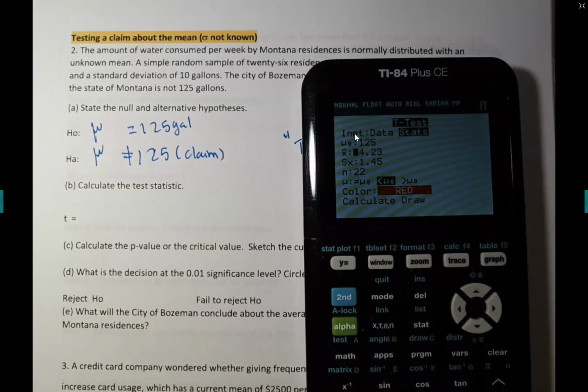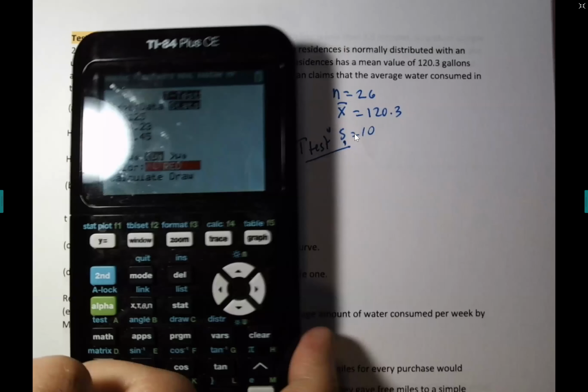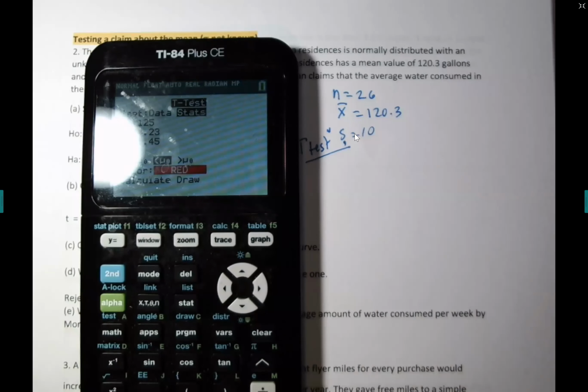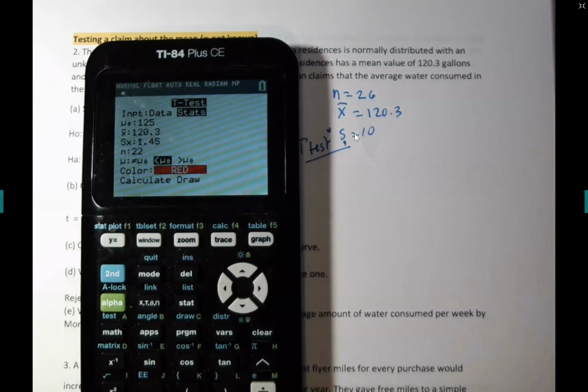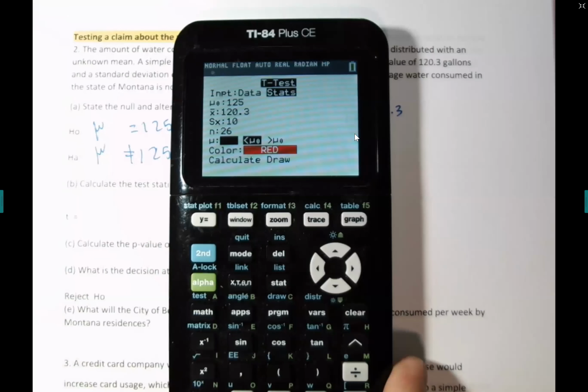X bar is 120.3. S is 10. N is 26. And now choose the sign from the alternative hypothesis, which is not equal, guys.